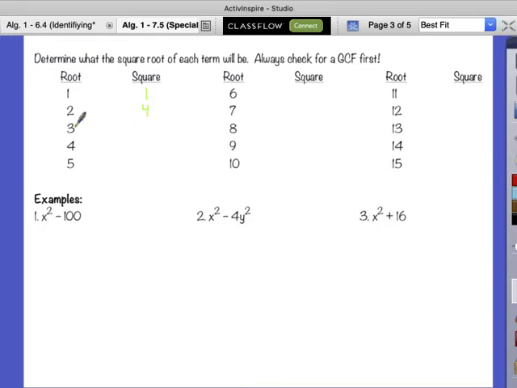Raise your hand for 3 squared. 9. Raise your hand for 4 squared. Presley. Awesome. Raise your hand for 5 squared. Ray. 25. Raise your hand for 6 squared. Levi. 36. Raise your hand for 7 squared. Presley. Awesome. Raise your hand for 8 squared.